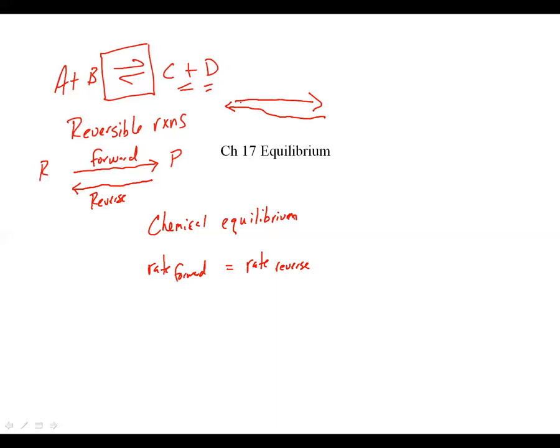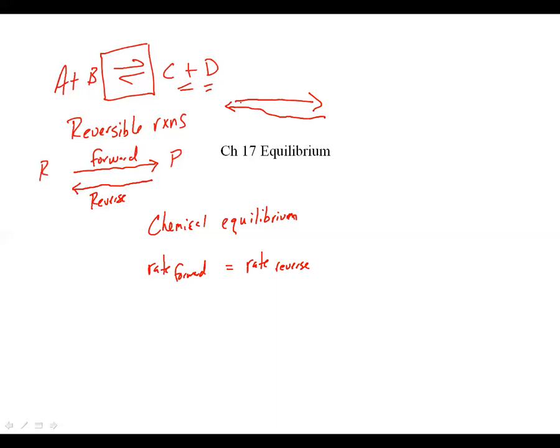Important to keep in mind, when a reaction reaches chemical equilibrium, sometimes people think that's the point where you have the same on both sides, the same number of reactants and the same number of products.